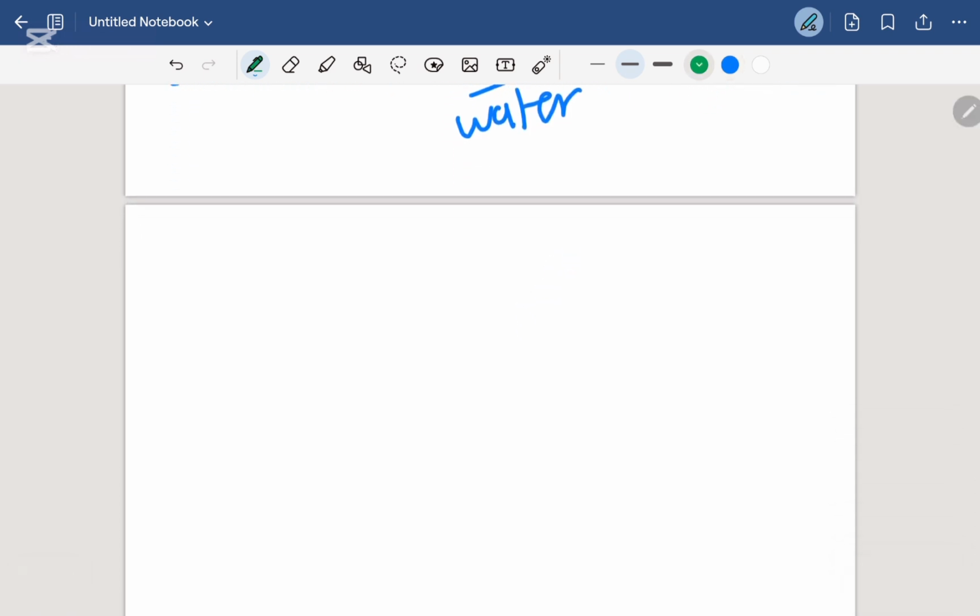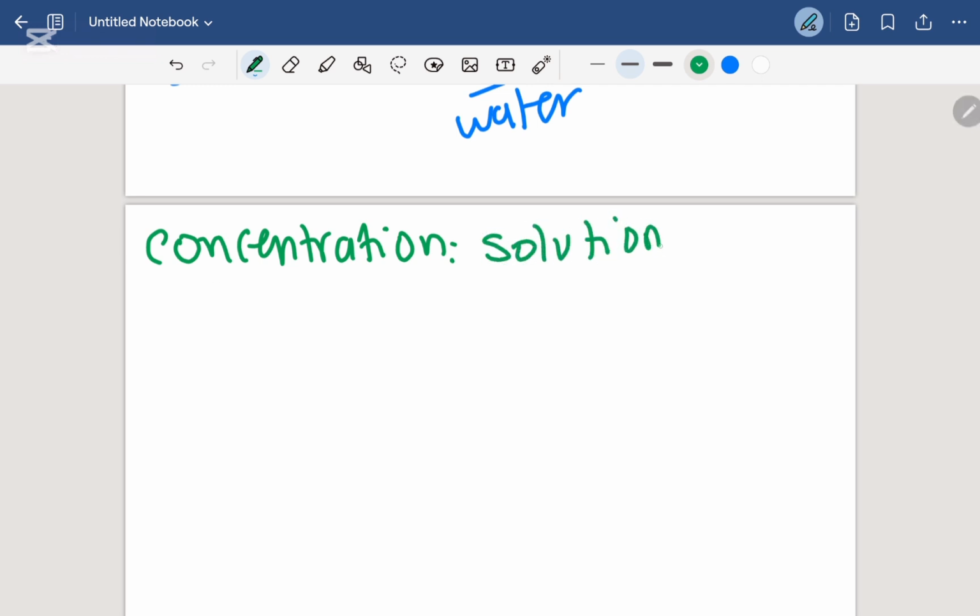Now, after temperature, we have concentration. Concentration is the most important one. Now, what is the concentration? What does it affect? It can affect solutions, mainly aqueous solutions. So we're going to say here aqueous, okay, and gases.